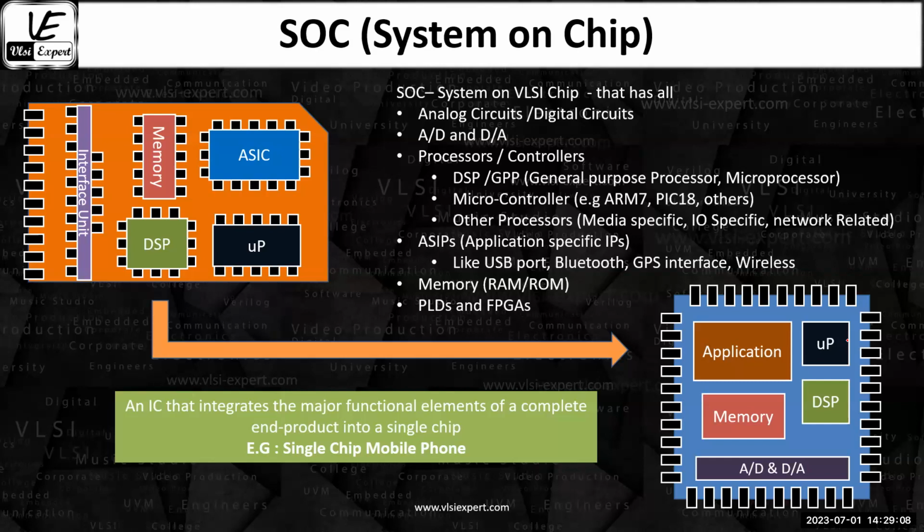In those chips, there may be some processor, maybe some DSP processor, maybe some memory. So what you are doing on that particular PCB board is adding all those ICs. Here you can see there is an ASIC, a microprocessor, DSP, memory, interfacing unit.